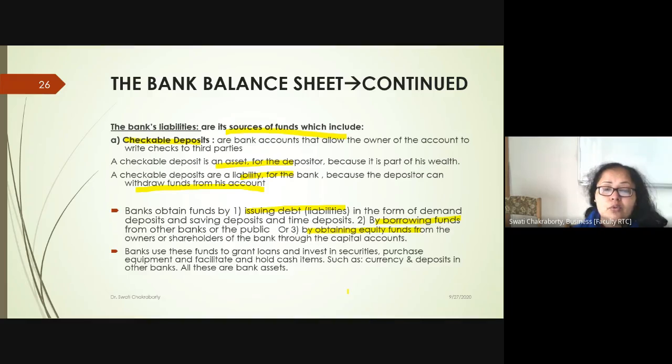So what do banks do when they use these funds to grant loans and invest in securities? They invest in securities, purchase equipment, facilities, and hold cash items, say currency and deposits in other banks. So these are all bank assets.